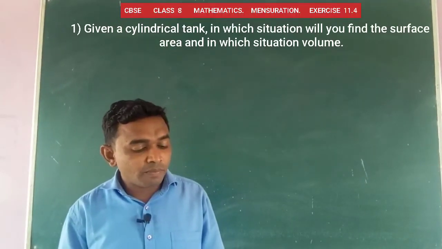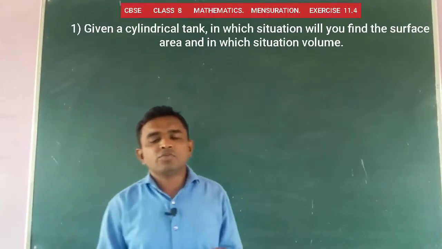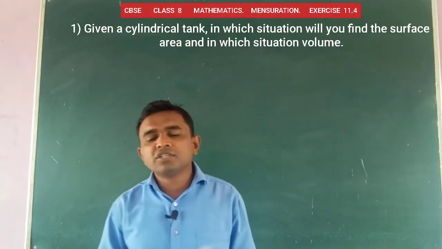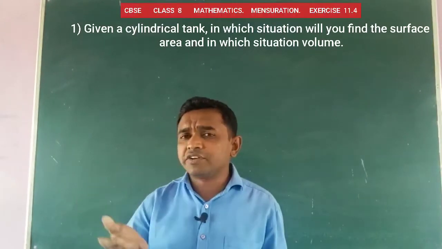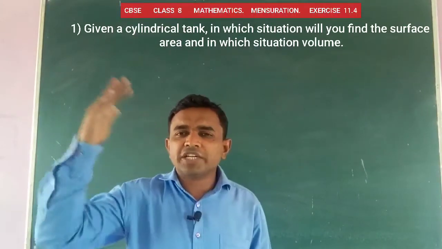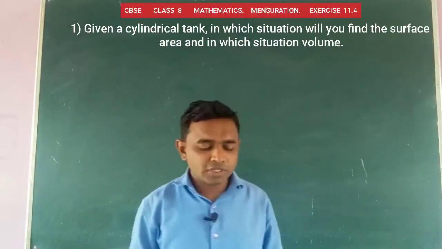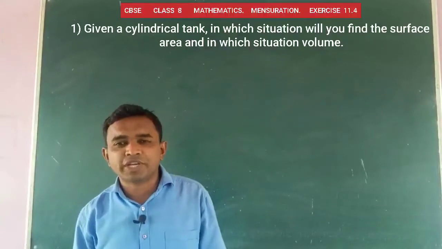Second one, the number of cement bags required to plaster it. For the plastering of the cylinder, the plaster is on the outside, there is no need to fill it with plaster. So therefore the surface area is to be calculated.